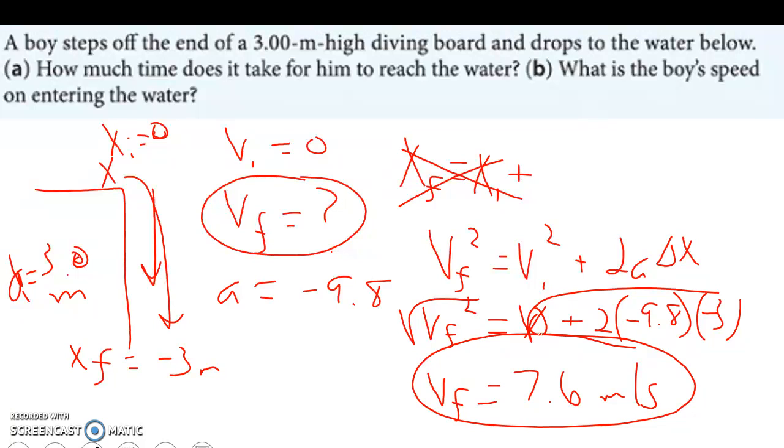And then how much time does it take for him to reach the water? I would go back and say vf equals vi plus at. Final velocity 7.6, initial velocity 0, acceleration is negative 9.8, and we want to solve for time.